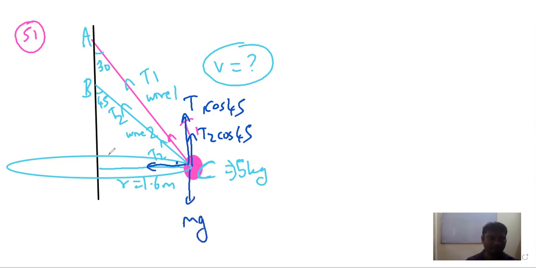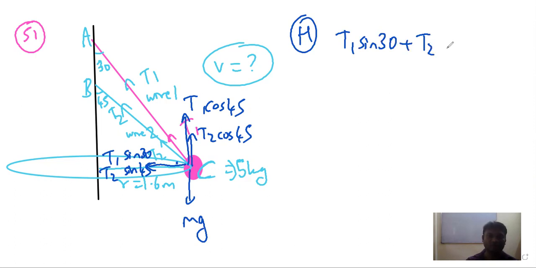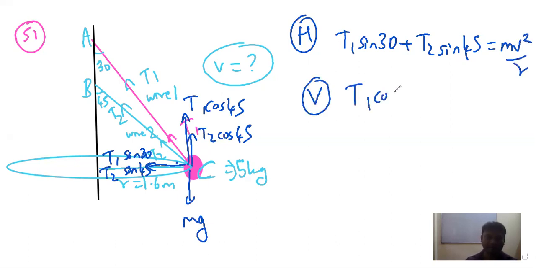And we have one horizontal component. It will be T1 sine 30, because this angle is 30. And another will be T2 sine 45. So along horizontal, we have the equation T1 sine 30 plus T2 sine 45, along the center, is equal to mass into V square by R. Along vertical, we have T1 cos 45 plus T2 cos 45, and that equals mg.